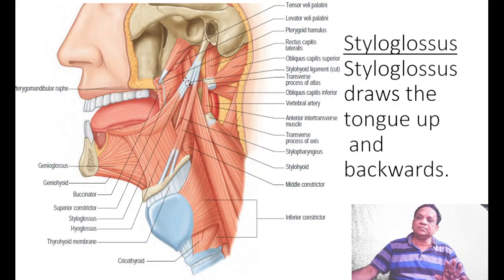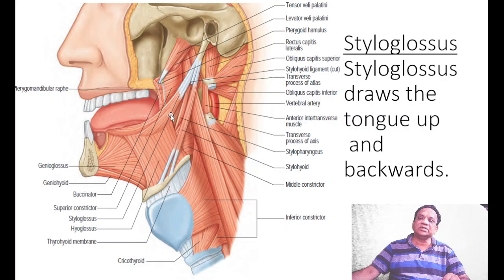You can see the muscle coming like this and inserting lateral to the hyoglossus, to the side of the tongue. If you observe, it has oblique fibers and straight fibers. These oblique fibers continue with the hyoglossus muscle, and the straight fibers blend with the inferior longitudinal muscle, which is present on the other side, that side.